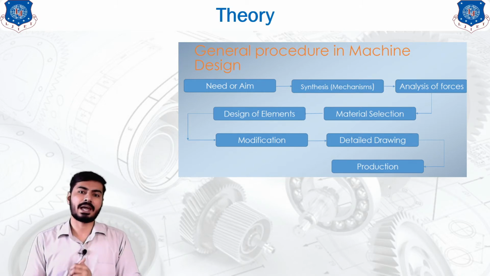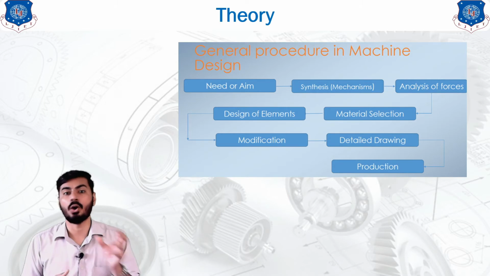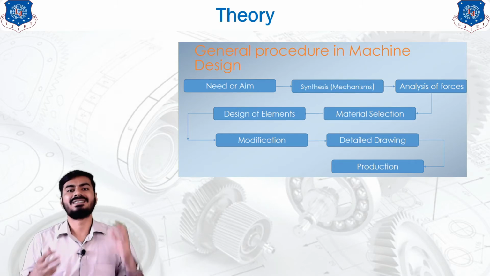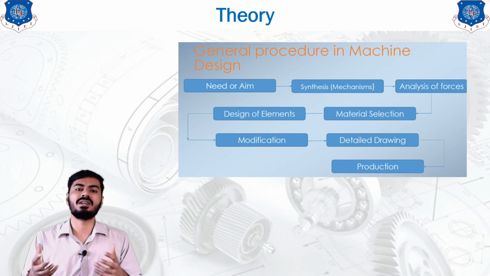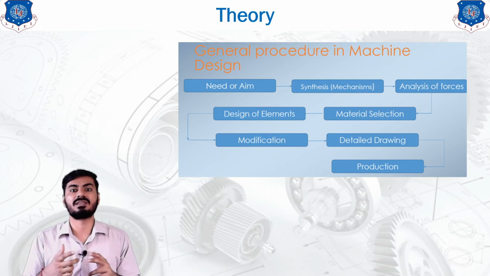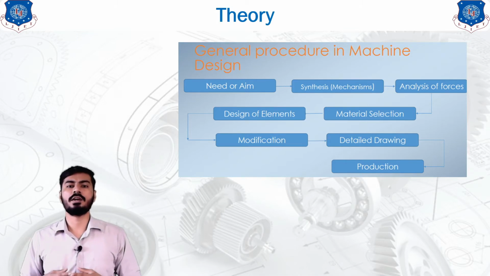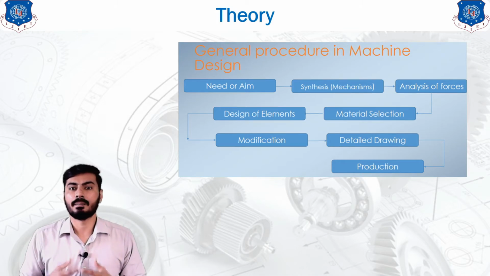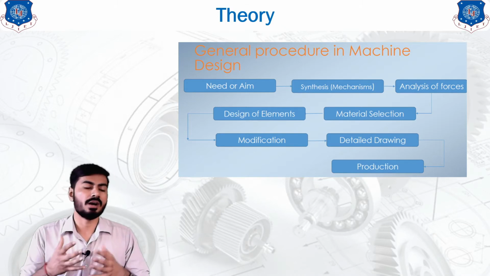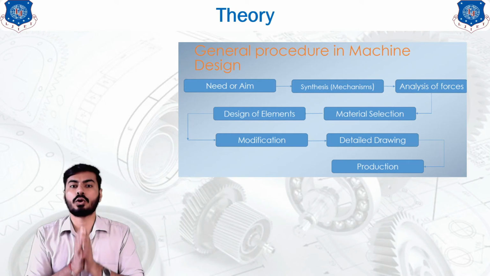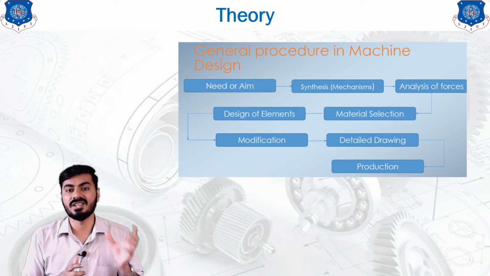So the first step is to identify the need or aim for which you are going to design a machine. Okay, so that can be done in your mind, and that can be thought of using creative ideas. Whenever you think about any design, any machine which will serve a purpose or your need, that thought will create the first step in your mind.